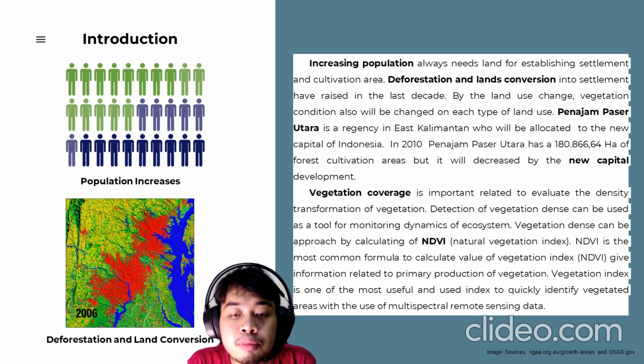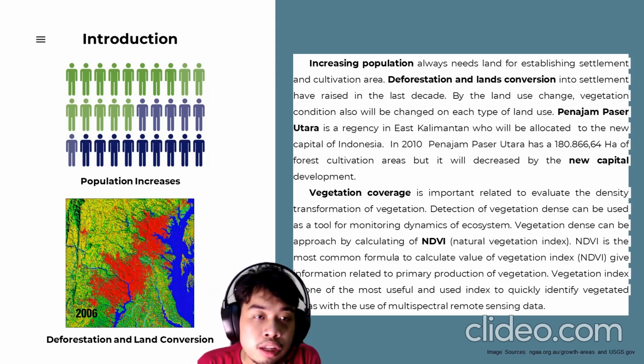NDVI is the most common formula to calculate the value of vegetation index. The NDVI gives information related to primary production of vegetation. Vegetation index is one of the most useful and used indices to quickly identify vegetated areas with the use of multispectral remote sensing data.